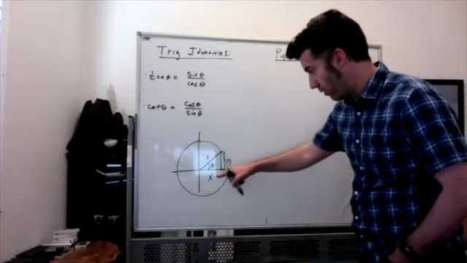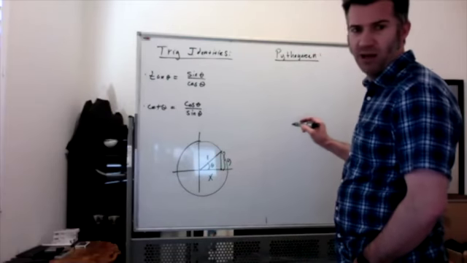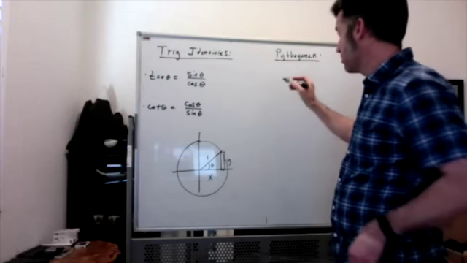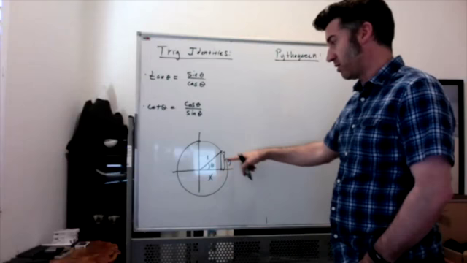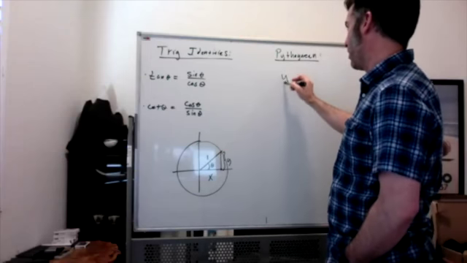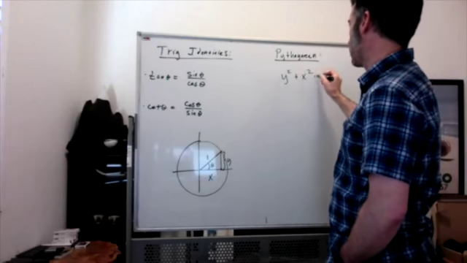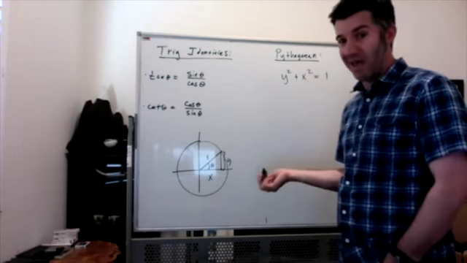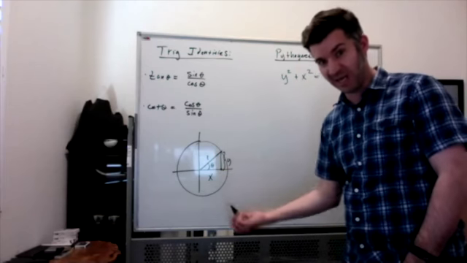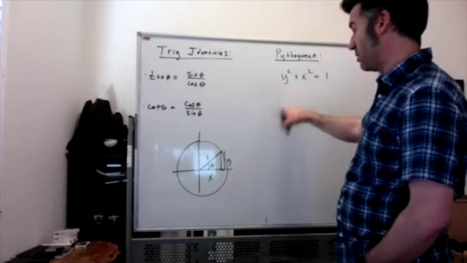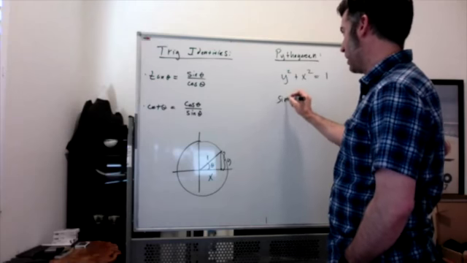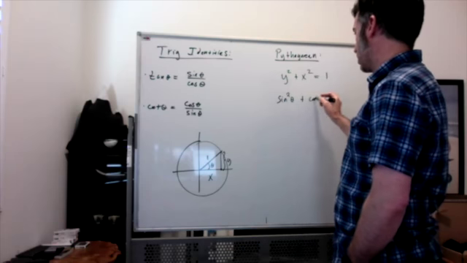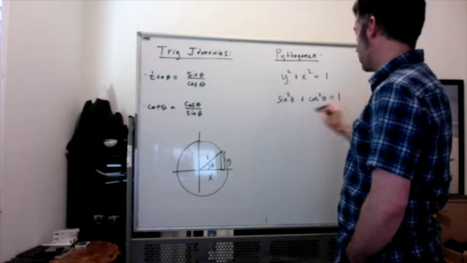We know x squared plus y squared equals 1 squared, or I'll write y squared plus x squared equals 1. 1 squared is 1. But we also know that x is cosine theta and y is sine theta. So we can replace y with sine and write sine theta squared, or the abbreviated way, sine squared theta plus cosine squared theta equals 1.